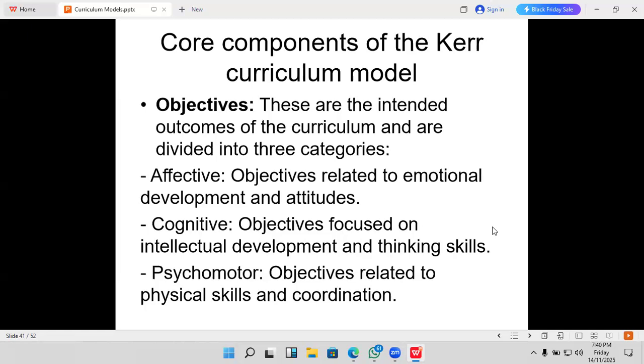Objectives related to affective: emotional development and attitudes. In our curriculum development, even in Sri Lanka, we use KASP: knowledge, attitude, skills, and practice.